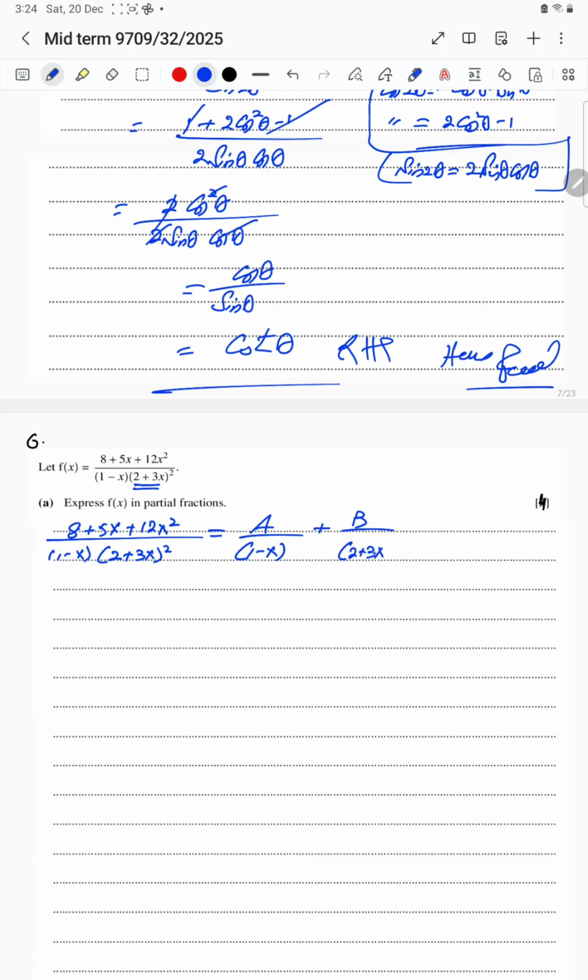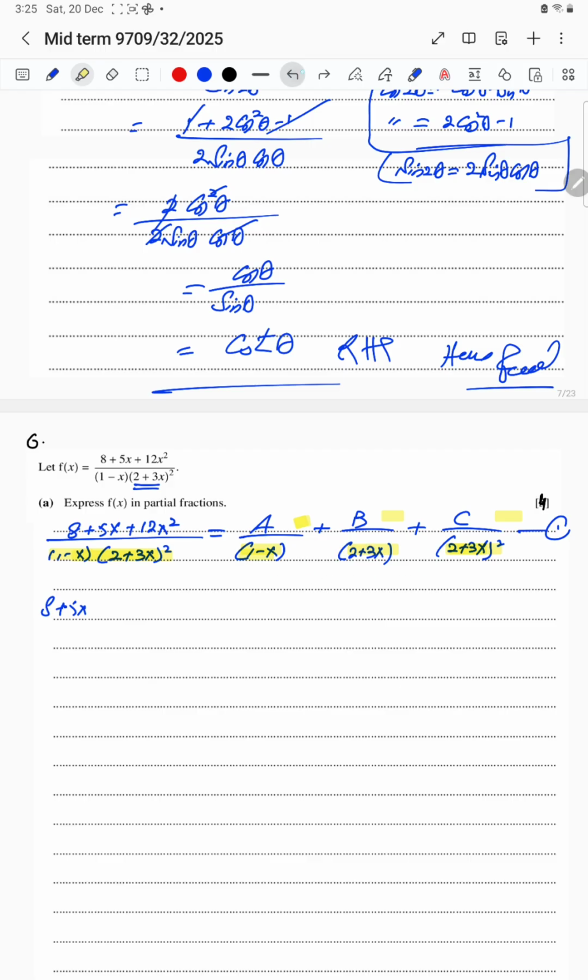So a over 1 minus x, b over 2 plus 3x, plus c over 2 plus 3x whole square. Here you need to find a, b and c. So multiply the entire denominator with each term, and you'll get 8 plus 5x plus 12x square.